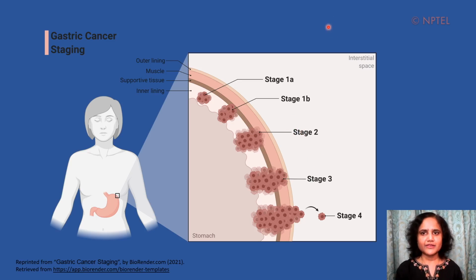The various stages, of course, are defined by the size of the tumor and also the ability to invade the surrounding tissue. So in the most advanced stage, you can see the escape of this cell into the interstitial space from where it can spread to other parts of the body and perhaps initiate another tumor elsewhere.